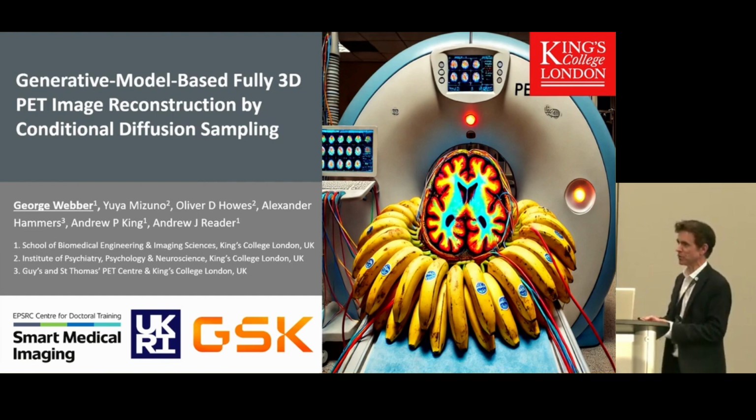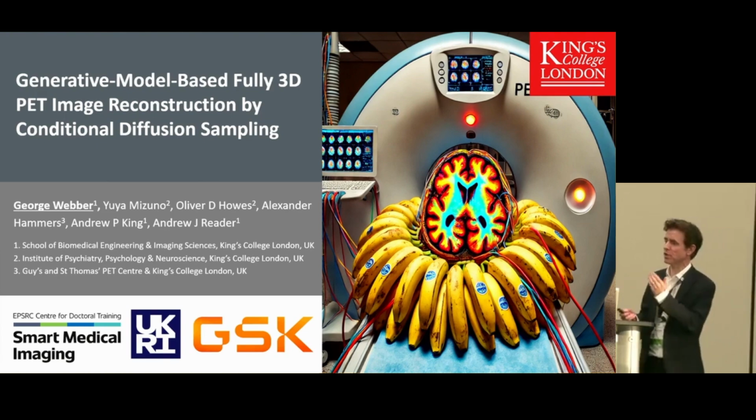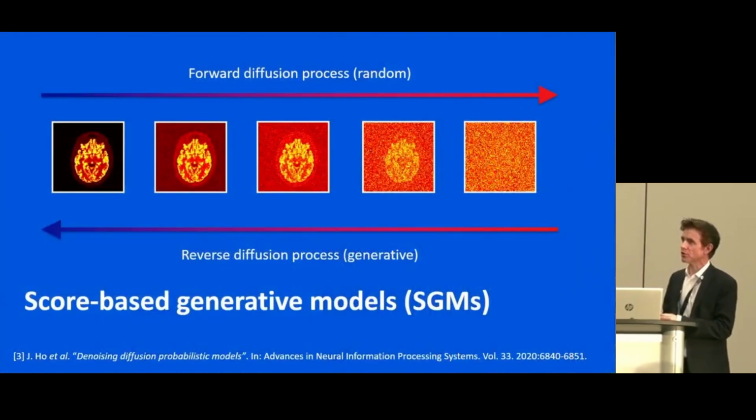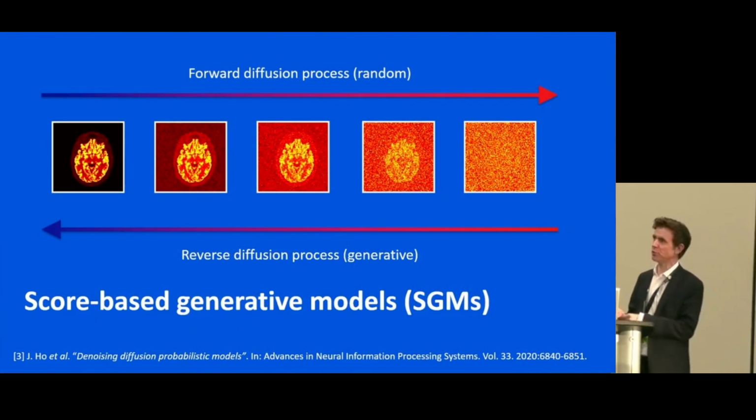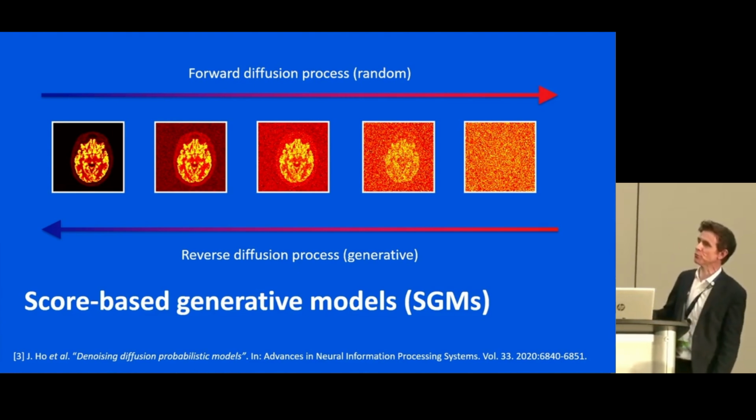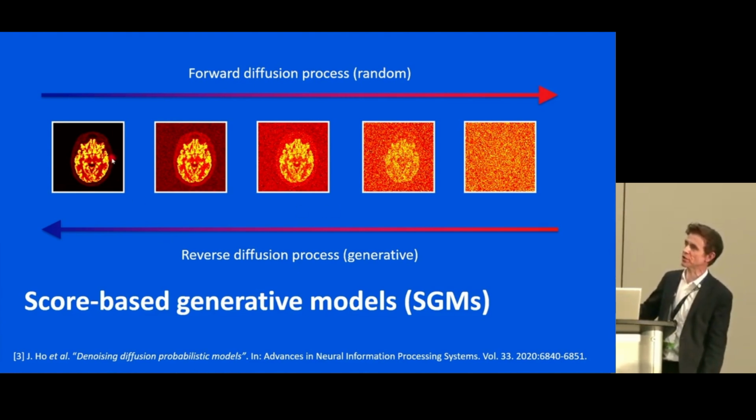I'll just go over some of the basic principles of using generative AI, or diffusion models in particular, in the context of PET image reconstruction to try and get some of those advantages that I just mentioned in that rightmost column. So you should all now be incredibly familiar with this kind of picture, where with diffusion models, what we're doing is taking some high quality image and then slowly degrading it by adding Gaussian noise until we completely lose the original information and end up with pure random Gaussian noise.